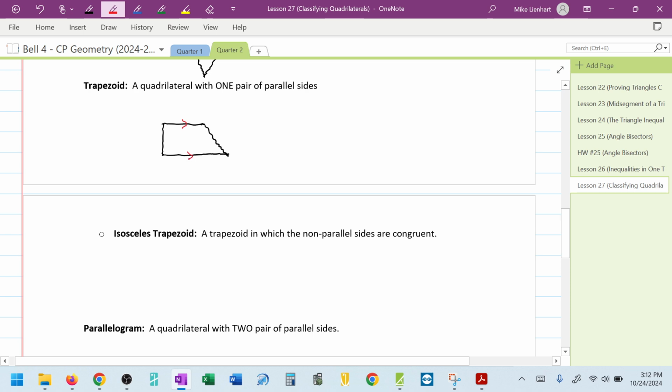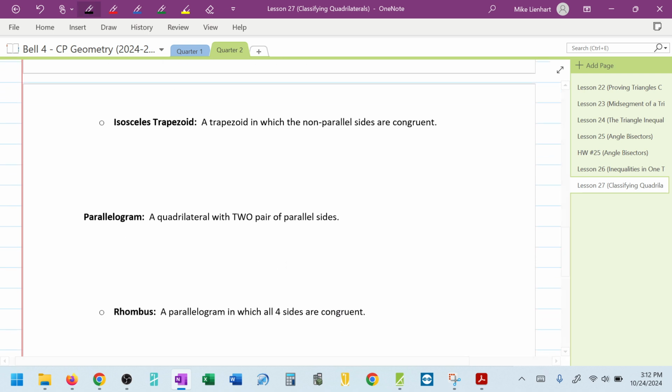We're going to see those little arrows on them. If I simply have two sides that are parallel, or one pair of parallel sides, then I have what's called a trapezoid.